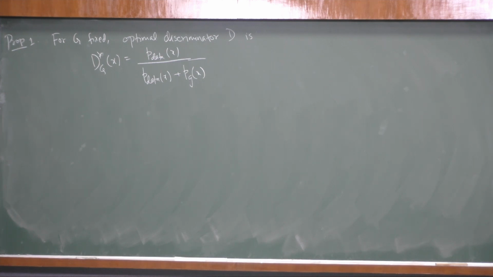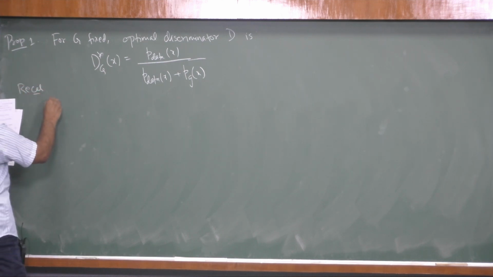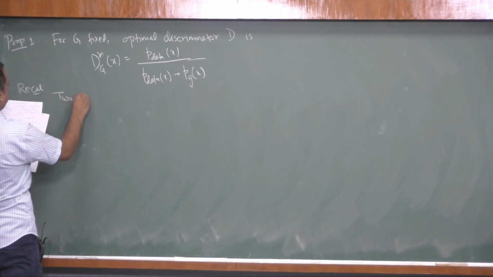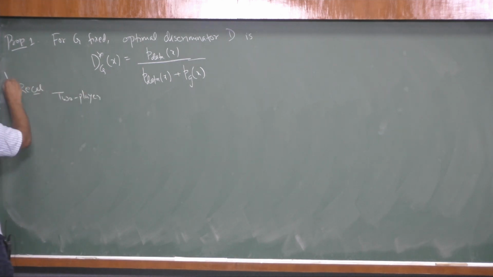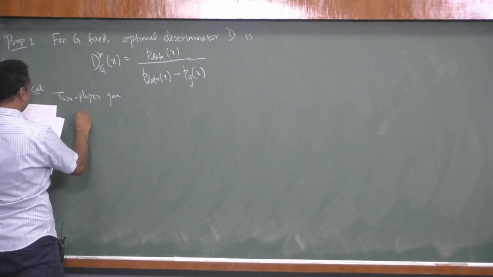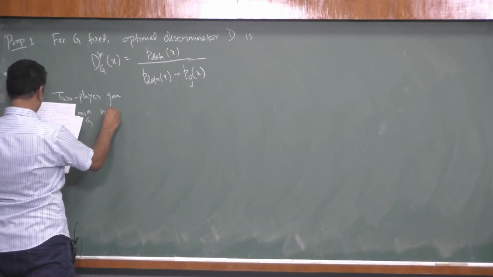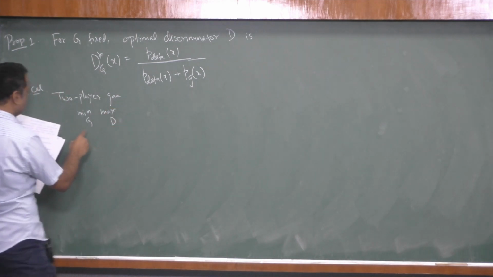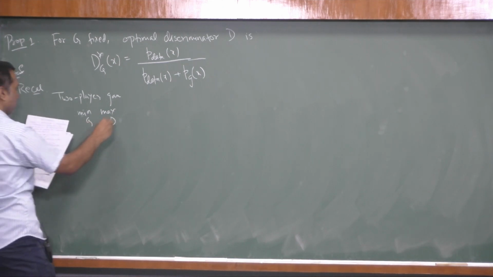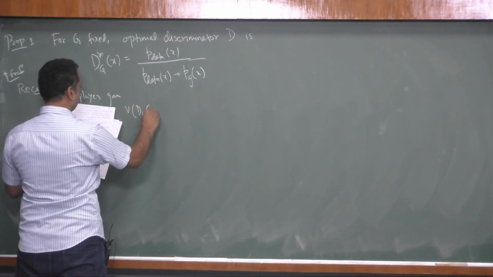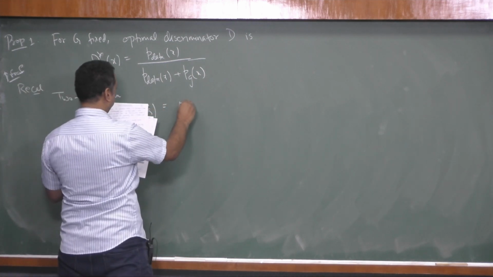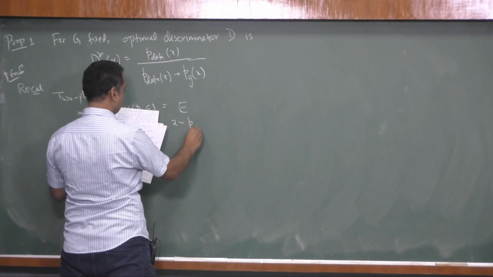Let us define a quantity which will be a shorthand for us. As I said, GAN is a two-player game. So recall, this is the proof that starts from now. It's a two-player game, which is min over G and max over D. Sometimes I switch between capital G and small g; I take this from papers and prefer to keep their notation so that I don't mix things.